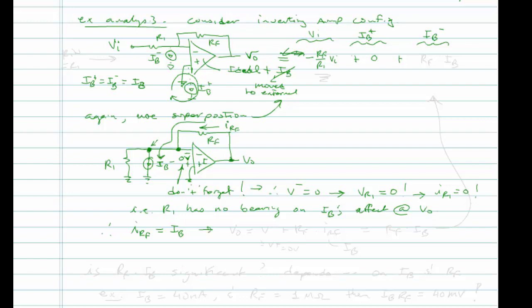And this leads me to say, oh, well, VO is going to be equal to V minus plus RF times IRF. Well, V minus is equal to V plus, which is equal to 0. And IRF is equal to IB, so therefore VO is equal to RF times IB.